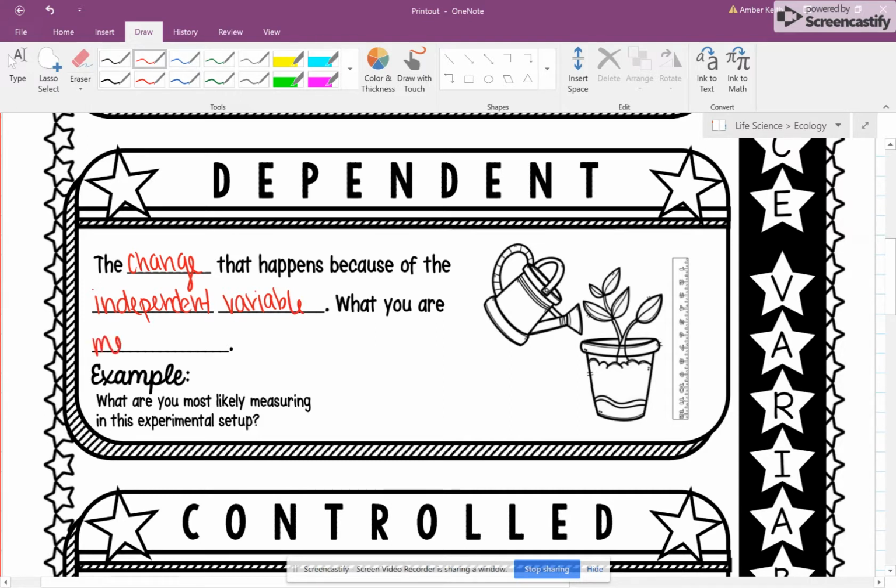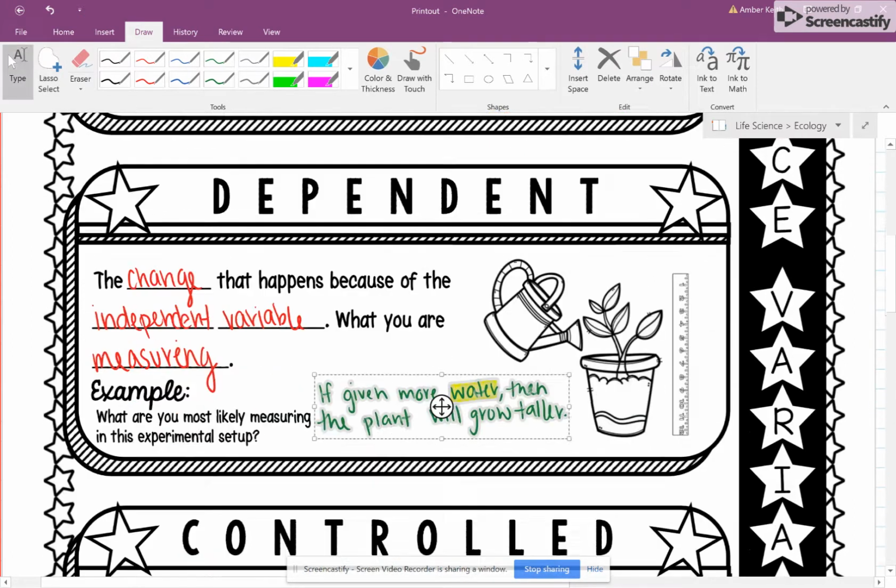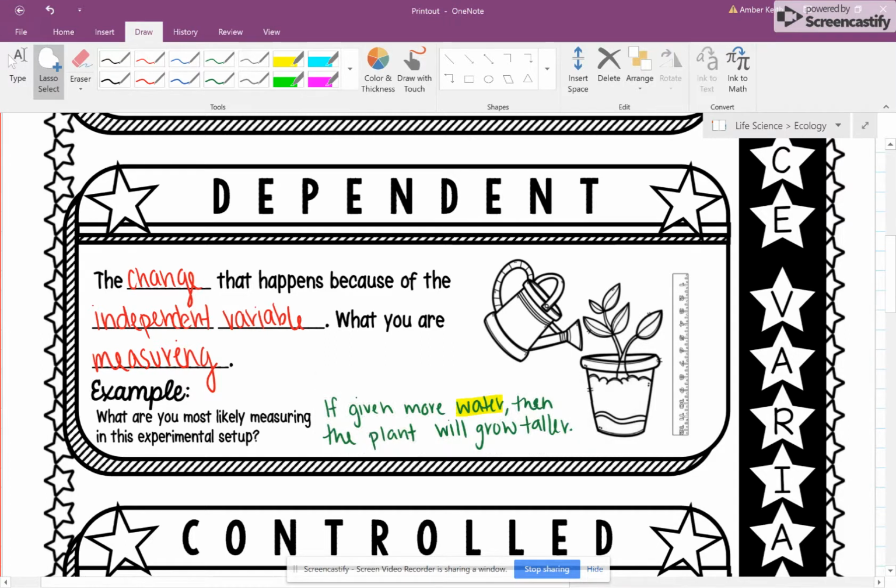This is our measuring portion. So if we look back up here, I'm going to lasso this and just scooch it down with us. What is our dependent variable in this problem?